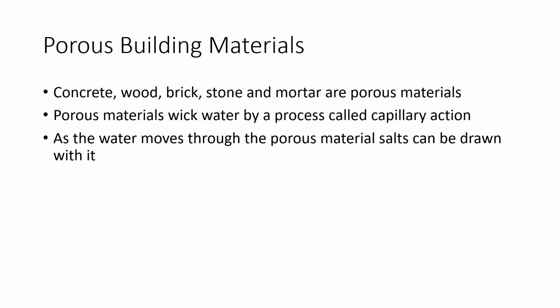We have porous building materials: concrete, wood, brick, stone, and mortar are porous materials. Porous materials will wick water by a process called capillary action. As the water moves through the porous materials, salts can be drawn with it.